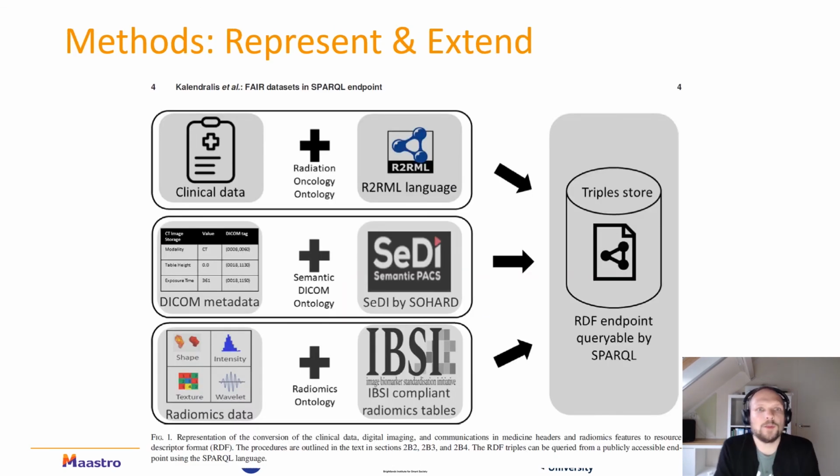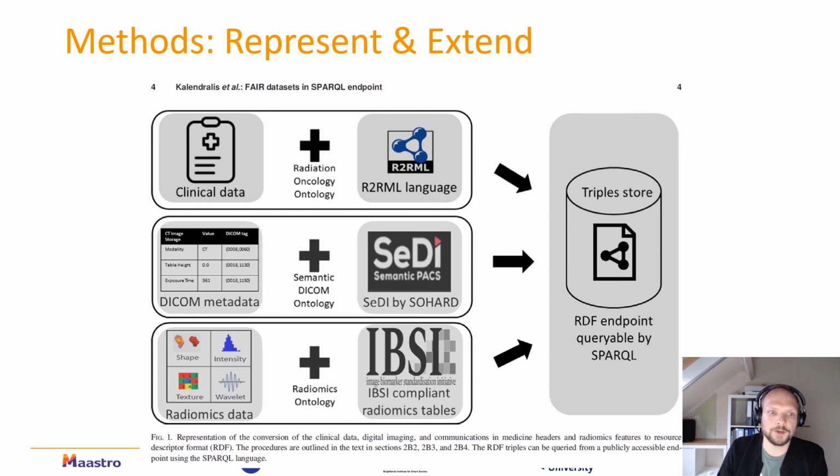One example of what we've done in there, and this is actually the last slide on that one, is, for example, as a proof of concept, one of our PhD students, Petros Kalendralis, worked on several data sets where he had information from the electronic medical records, so the clinical data, which he converted into RDF.